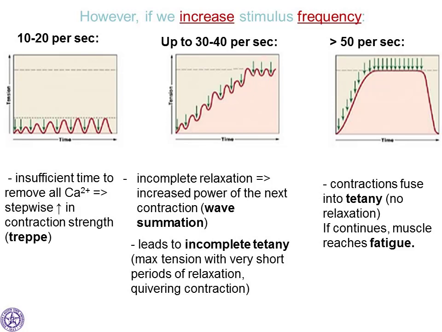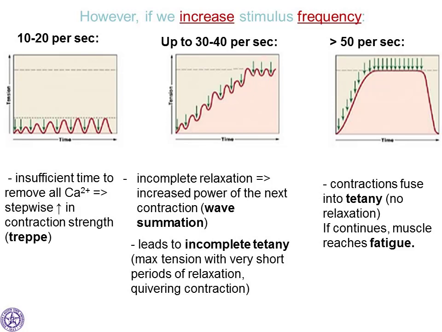But since we never really arrive at that maximal state of contraction and stay there, which is called tetany, we refer to this state as incomplete tetany. You reach your maximal contraction, but you have these really short periods of a little bit of relaxation. And so this looks like your muscle is just quivering.